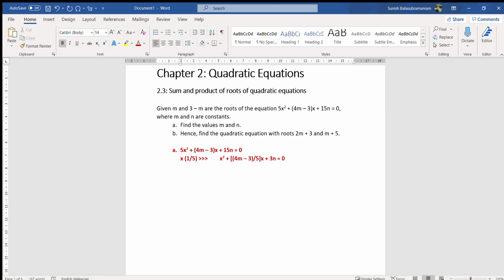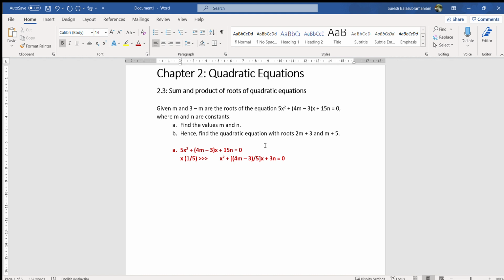Now we need the sum of roots and product of roots from the equation, so let us do that and try to get the values of m and n.